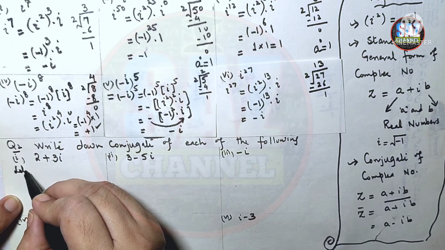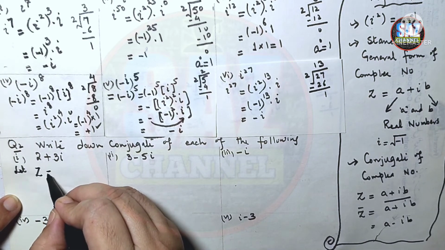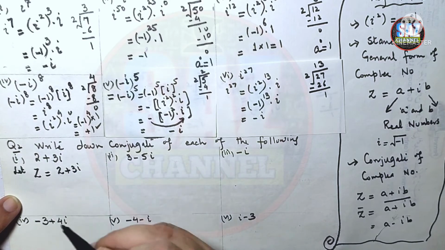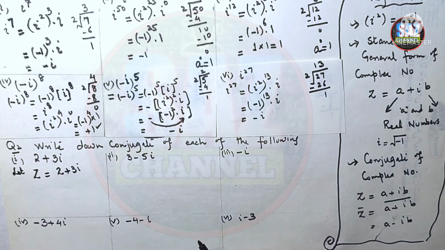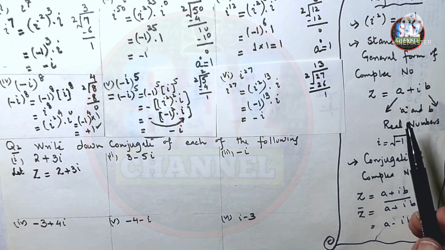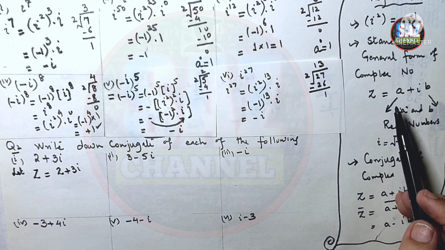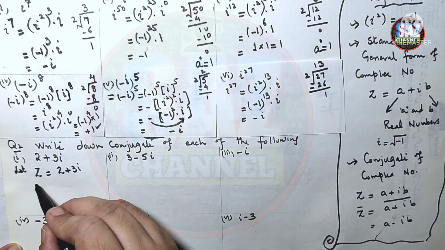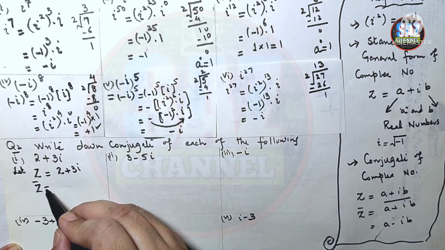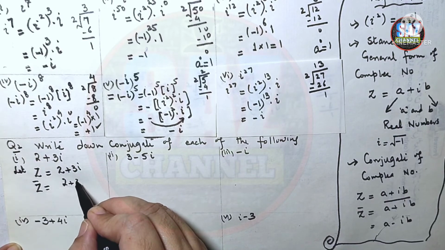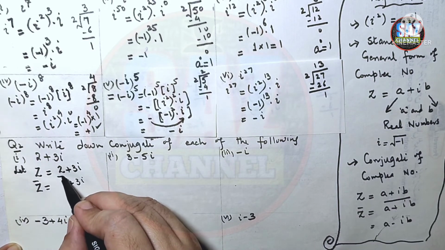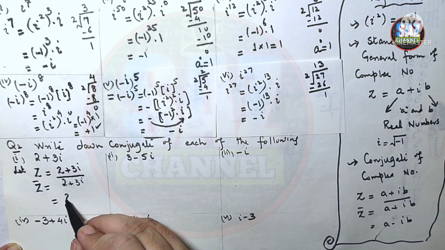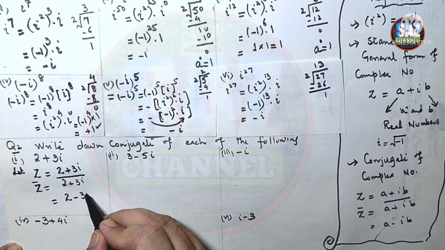Let z equals 2 plus 3 iota, and in order to take the conjugate, you must write your complex number in standard form. When we talk about the standard form, that means the real part in the beginning and imaginary part later. And for the conjugate, we have to mark the bar, z bar equals 2 plus 3 iota, and see where the change will be coming. Change will be coming on the sign of your imaginary term: 2 minus 3 iota.